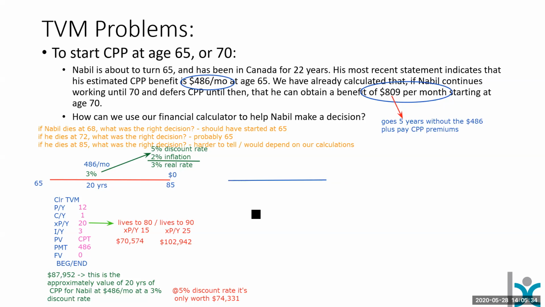I know the payment, Philip, and that's going to be 809, right? We're starting at age 70, Alicia. Paying to age 85. So now 15 years. Again, same discount rate, Alicia, right? What's the future value here? Big fat 0.